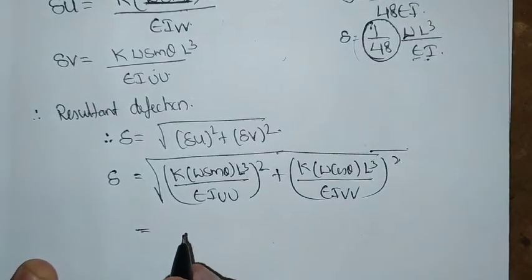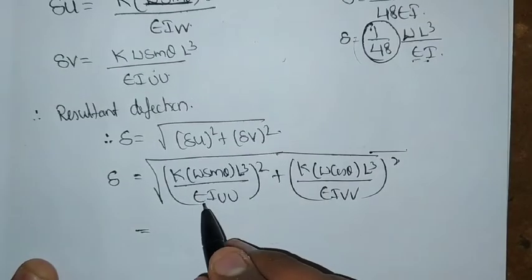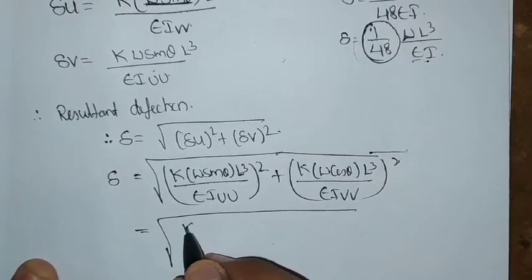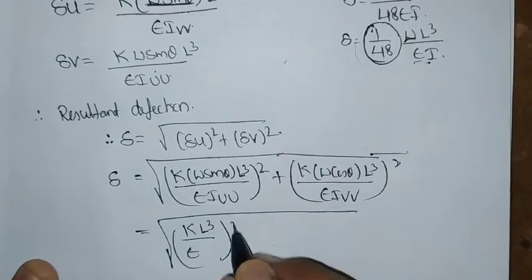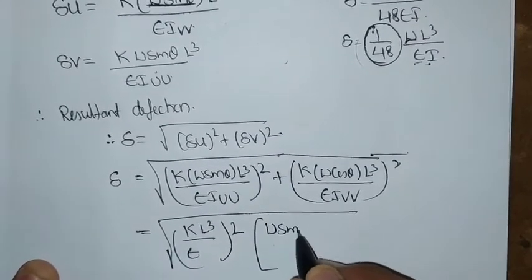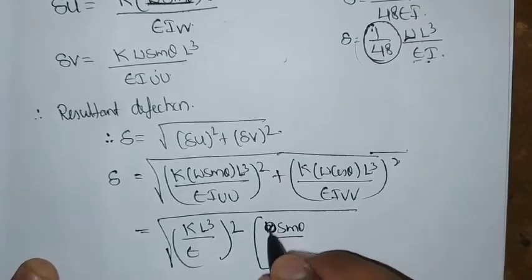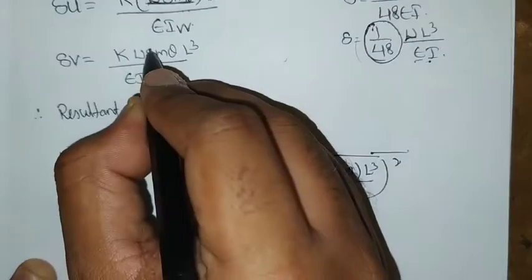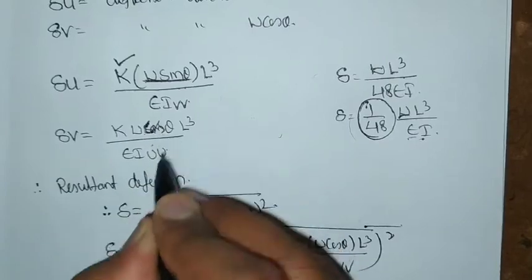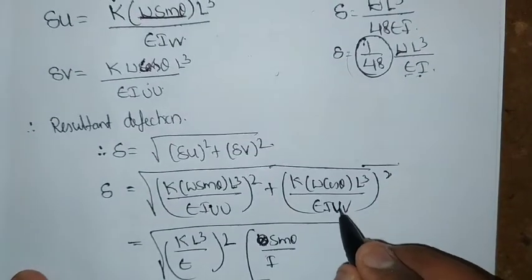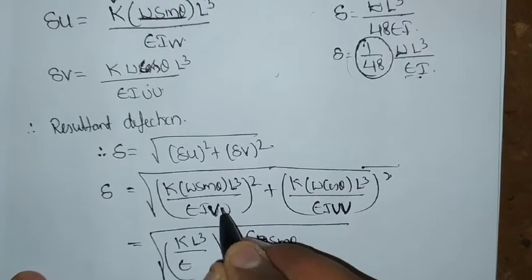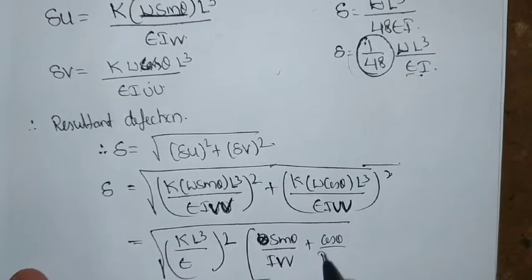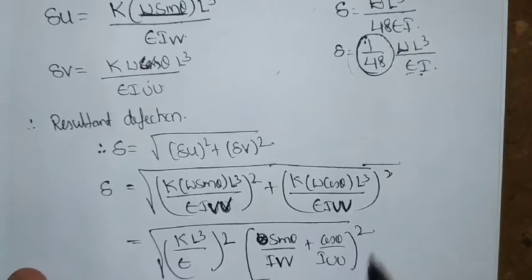From this, if you see here, the common terms are K L cube by E. So take out the common term, then this can be written as K L cube by E whole square of W sin theta by IVV plus cos theta by IUU whole square it will come.